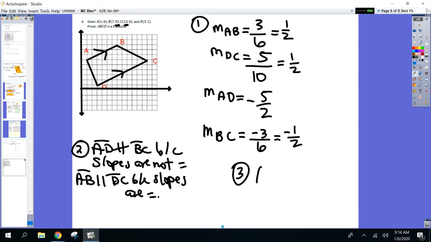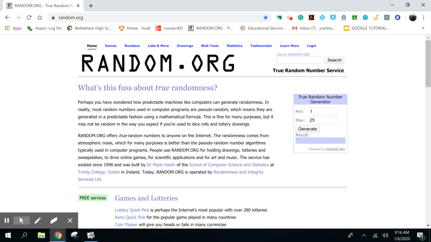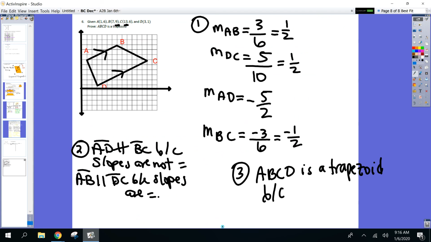We can now say it's a trapezoid because one pair of opposite sides is parallel, the other is not. Perfect. One pair of opposite sides parallel and the other is not.